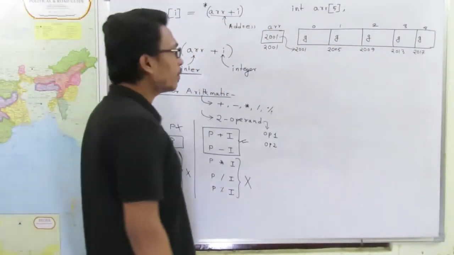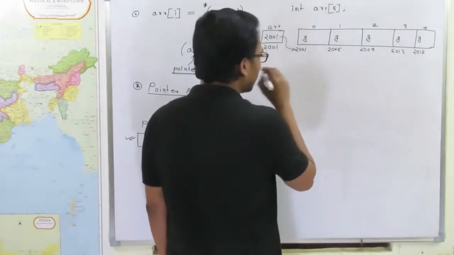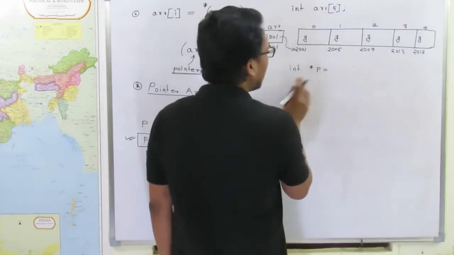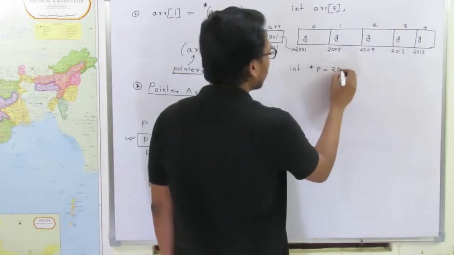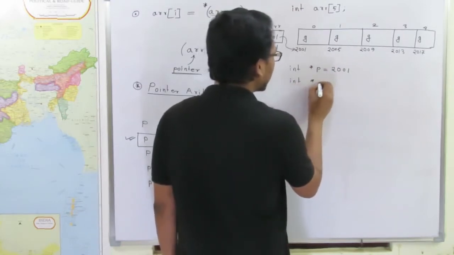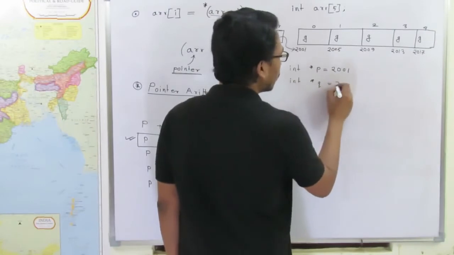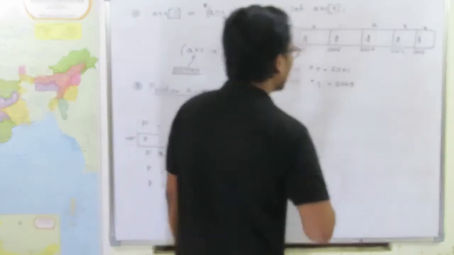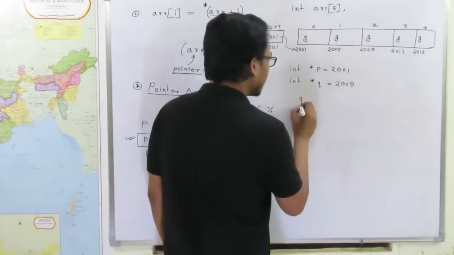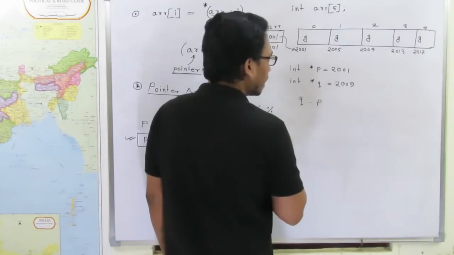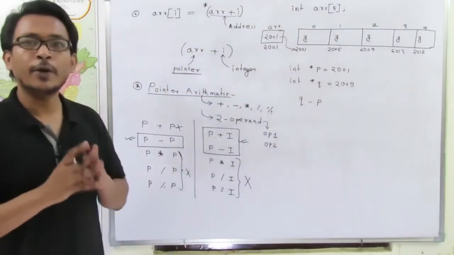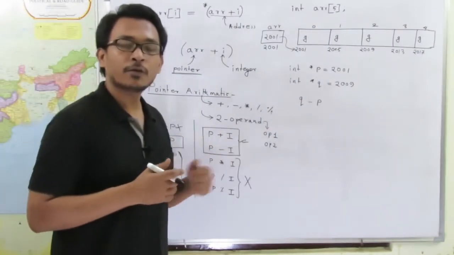Now let's say we have 2 pointers. One is int *p, where we store 2001, and another pointer int *q, where we store 2009. Now we are doing pointer arithmetic as q minus p. Generally, if p and q are not pointers, how will the system perform this operation?